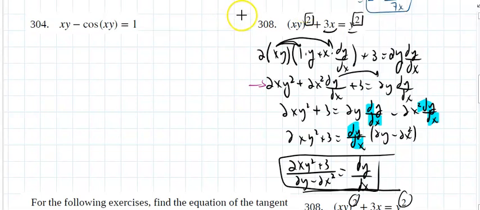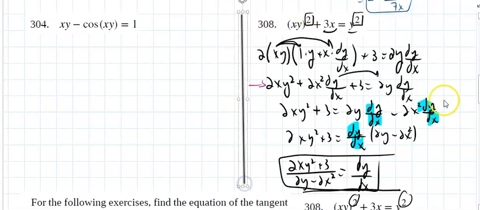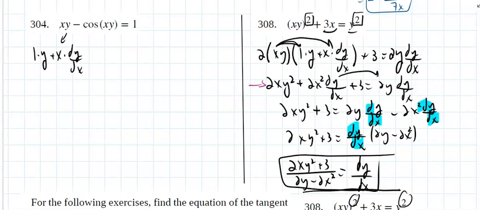All right. And how about this problem? Same deal. If I want to take the derivative, well, product rule. Derivative of the first times the second plus the first times derivative of y is dy dx, minus.